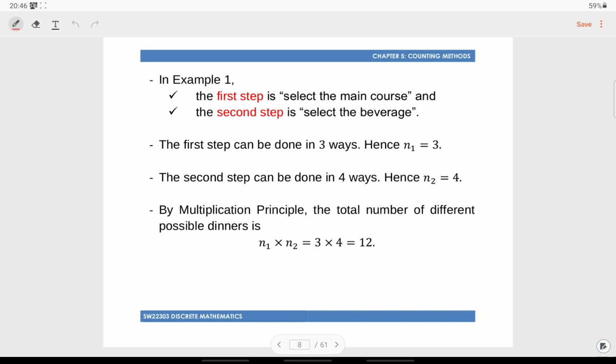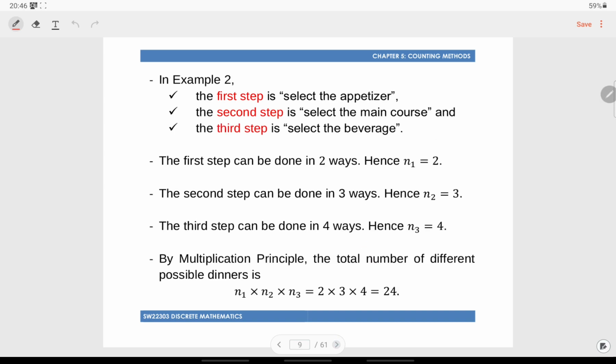By using the multiplication principle, the total number of different possible dinners can be obtained by multiplying the number of ways the first task can be done and the number of ways the second task can be done. Finally we obtain 12 different menus containing one main course and one beverage.